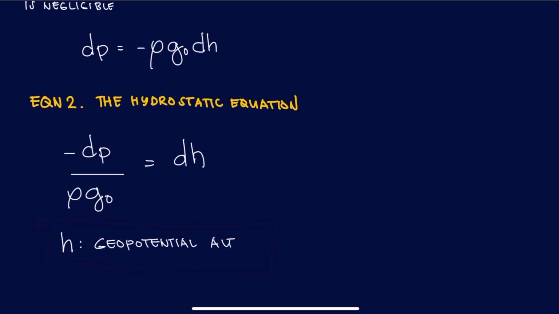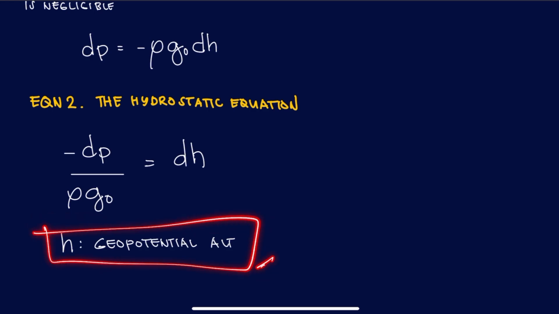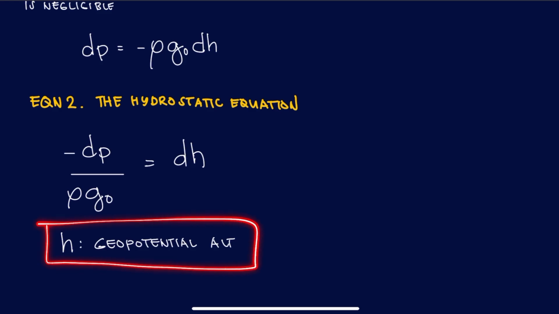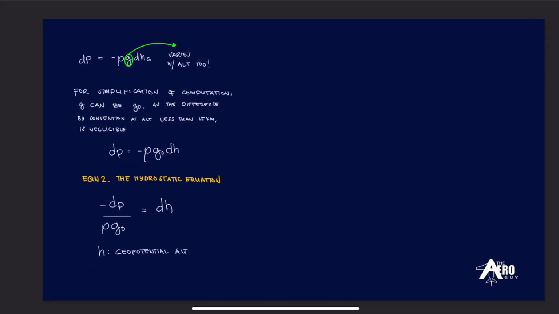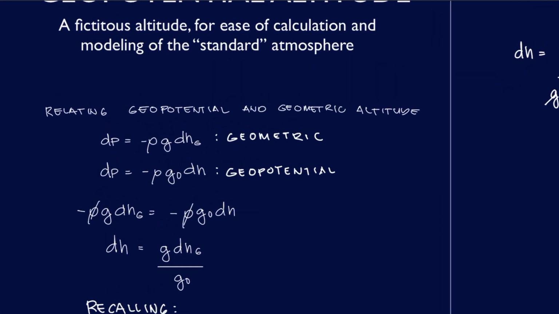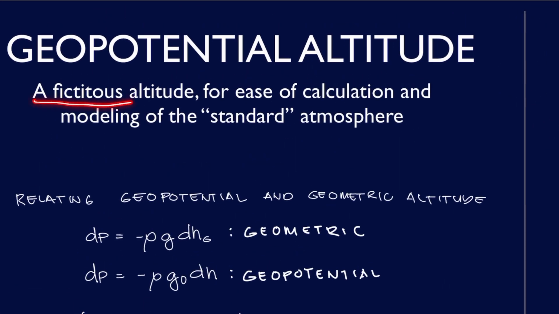We define a new type of altitude, and that is the geopotential altitude. Geopotential altitude is defined as a fictitious altitude, for ease of calculation and ease of modeling of the standard atmosphere.